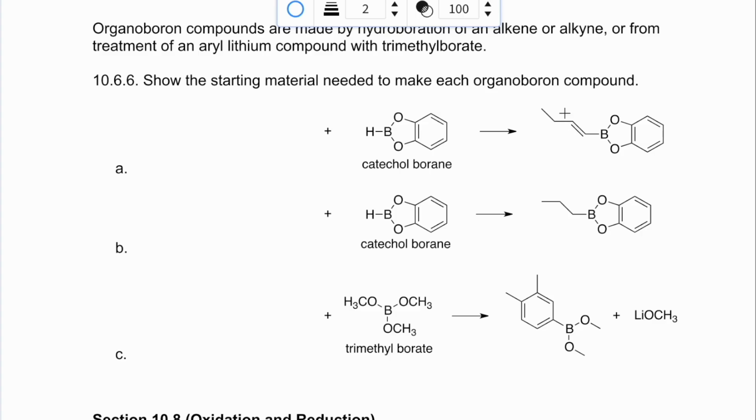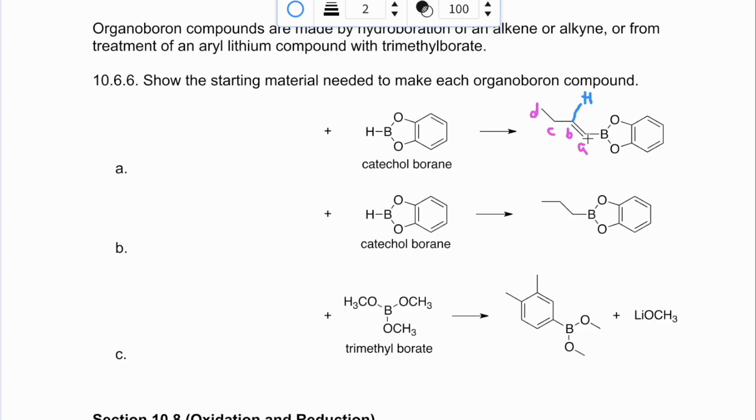All right, so in order to get a vinyl group on the boron, you would add this boron and this hydrogen to an alkyne. Remember, a hydroboration adds a hydrogen and a boron to the same side of either an alkene or an alkyne. So this would have been an alkyne.